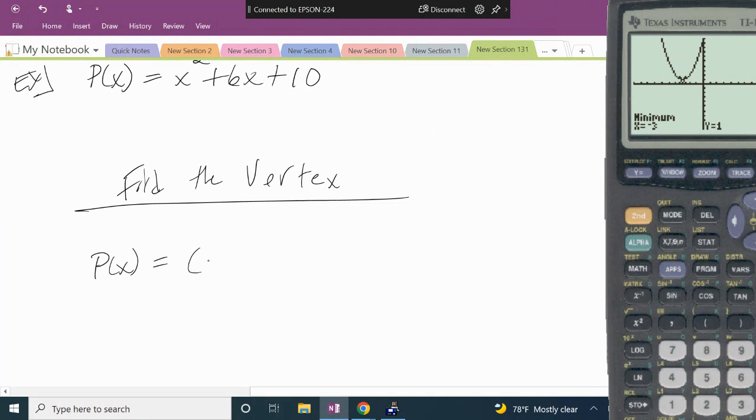P of x is equal to x minus h quantity squared plus k. If your quadratic equation is written in this form, you can pull out the vertex as h comma k.